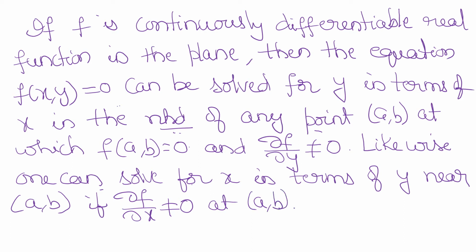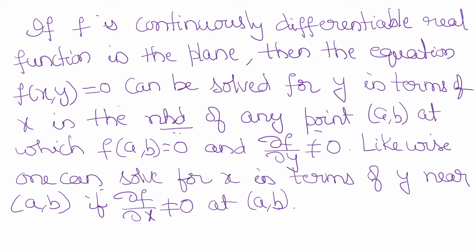For a simple example, consider f of x comma y equal to x square plus y square minus 1. If you take dou f by dou x, it becomes 2x, and dou f by dou y becomes 2y. Dou f by dou x is 0 means x is equal to 0, and dou f by dou y is 0 means y is equal to 0.